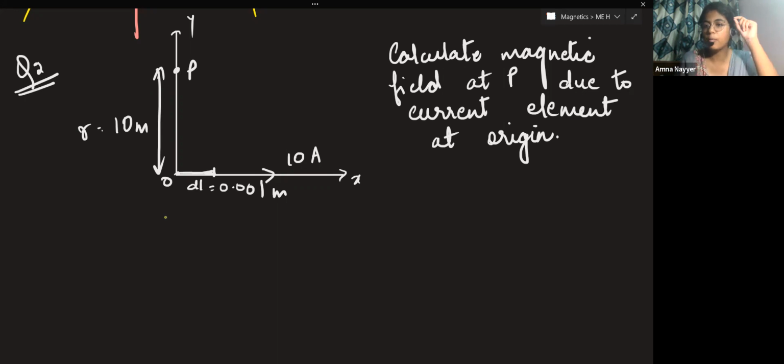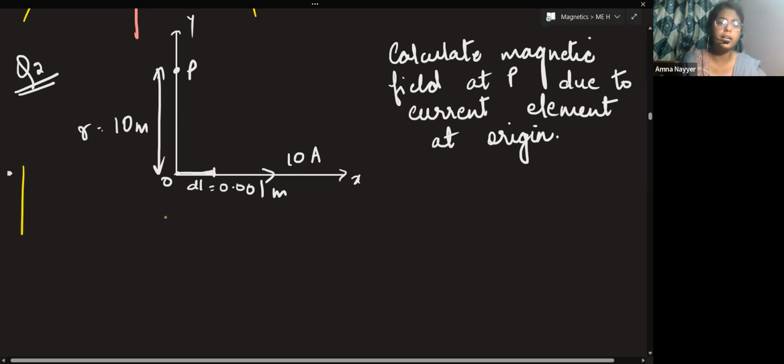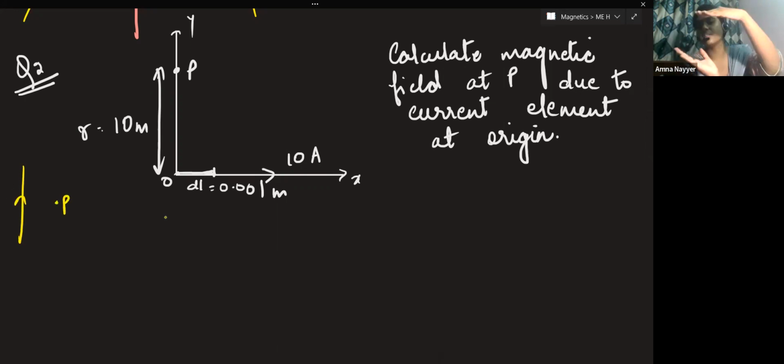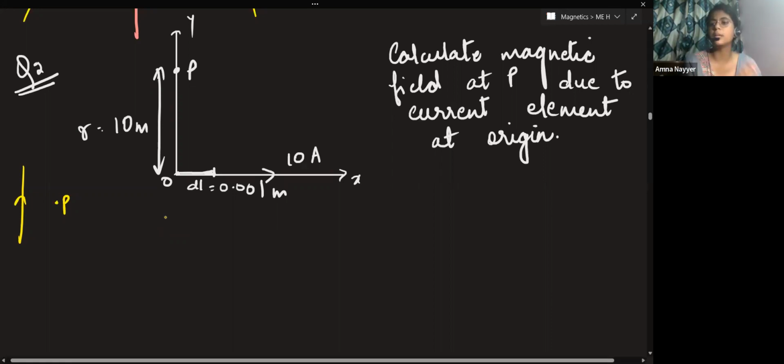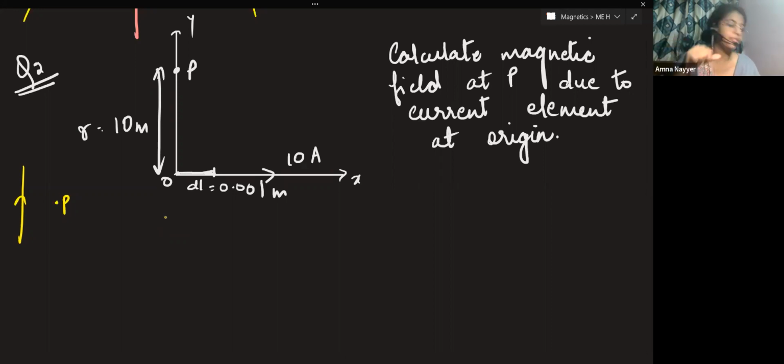Right, class? At point P, you have to find out the magnetic field the way you have been doing it. This is a wire, point P is this. You have to apply the rules exactly the way you have studied. So you will get different directions in different cases.